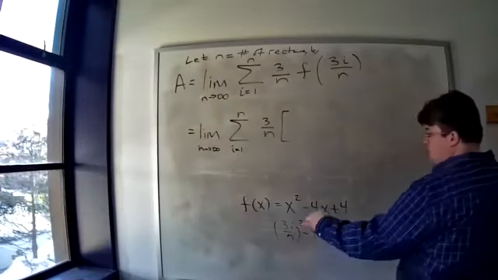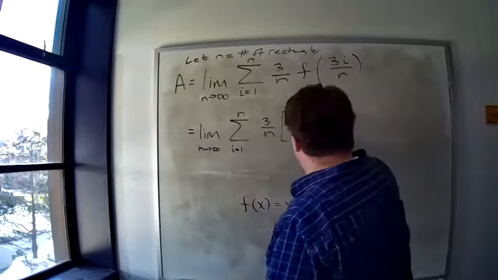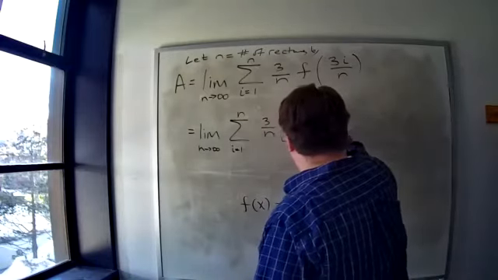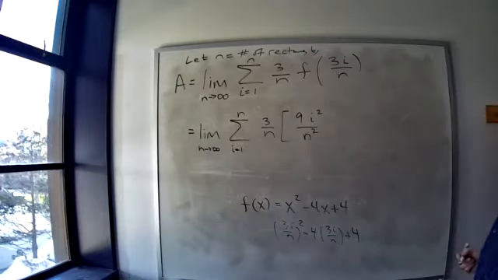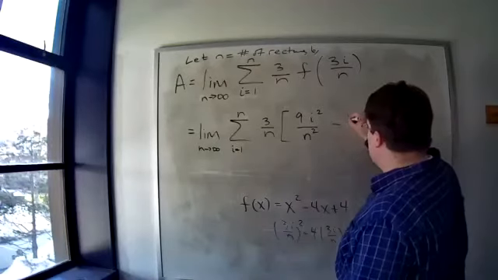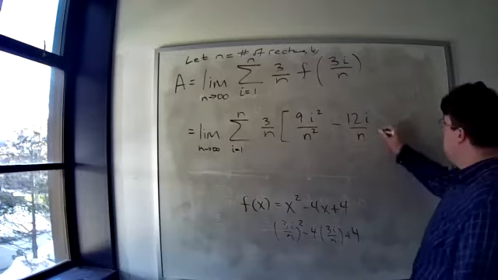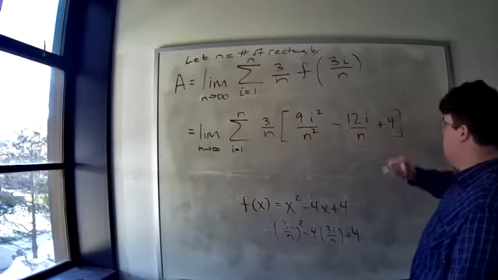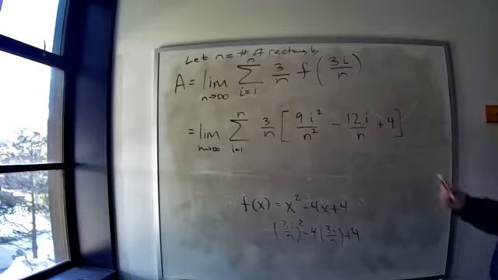So 3i over n all squared is 9i squared over n squared. Negative 4 times 3i over n is negative 12i over n, and 4 is 4. So evaluating our function at this x value gives us that. Any questions about getting there?